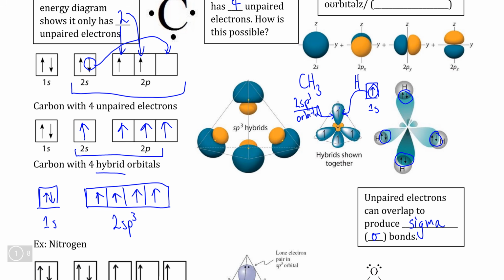So again, because this pair is formed by an electron pairing between an sp3 orbital from carbon and the unpaired electron in hydrogen's 1s orbital here, this overlapping causes a sigma bond.